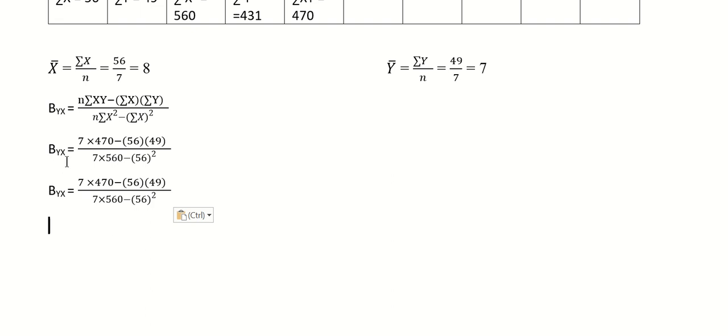So 7 into 470 is 3290. 3290 minus 56 into 49 is 2744. 7 into 560 is 3920, and 56 into 56 is 3136.